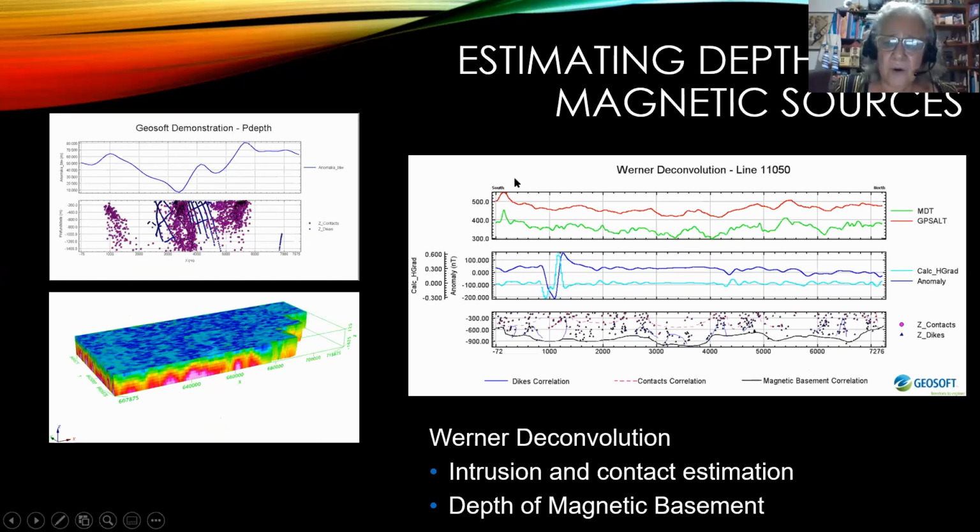And you have also other kinds of filters that you can apply on profiles, like the Werner deconvolution that estimates the intrusion and contact and gives the depth of the magnetic basement. And if you do several parallel or perpendicular lines, you can also grid your data and come up with a volume, a voxel, and interpret your data in 3D.